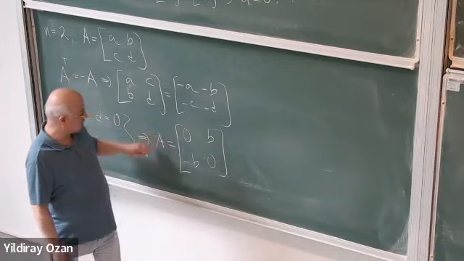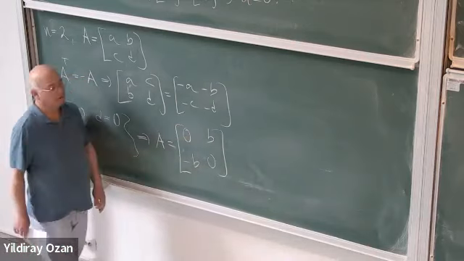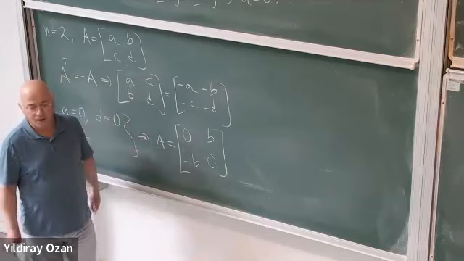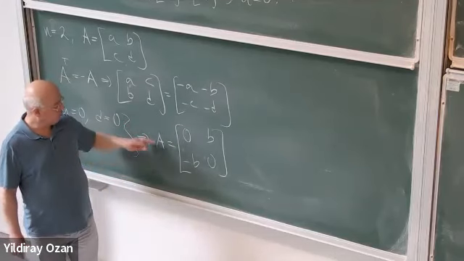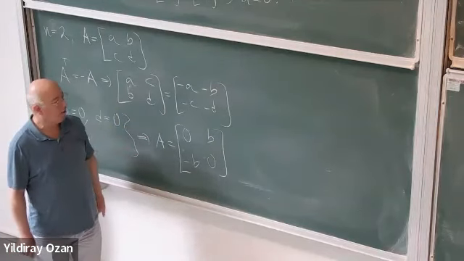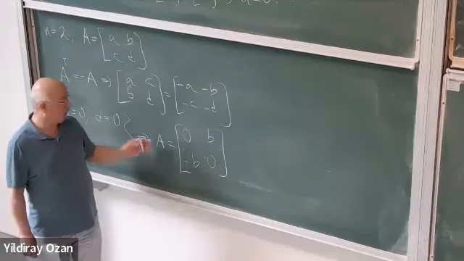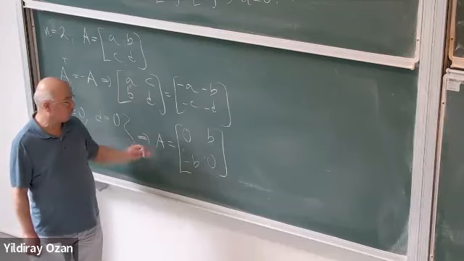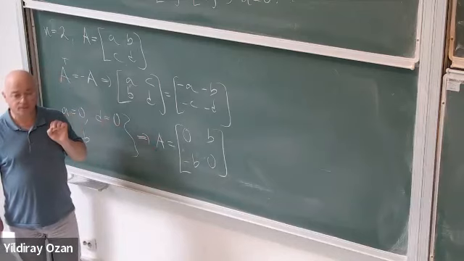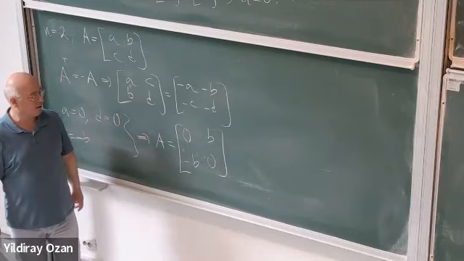So for this matrix, for example, Pfaffian will be just B. You may wonder why something like this is defined, because as I said, Pfaffian will be just the square root of the determinant. So it's again a polynomial of the entries of the matrix, but it is defined only for skew symmetric matrices.